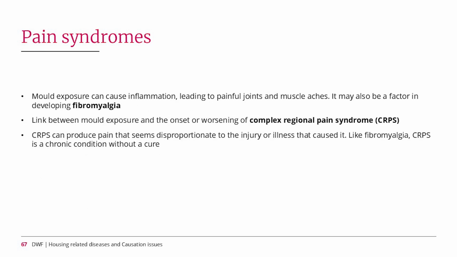Another one here is pain syndromes. Again, not the most common, and causation is often far from clear-cut in these situations, but fibromyalgia is one, complex regional pain syndrome is another. They're both fairly complex conditions.